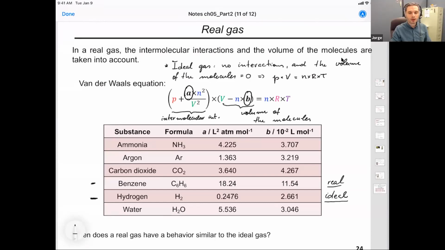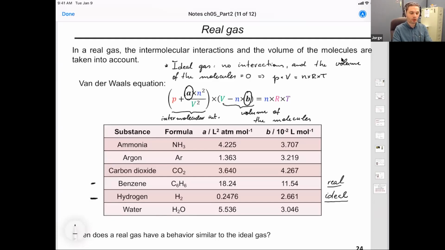Okay, so now the question is, when are you going to use the real gas equation and when are you going to use the ideal gas equation? So the short answer for that is when I ask you to do so, okay?